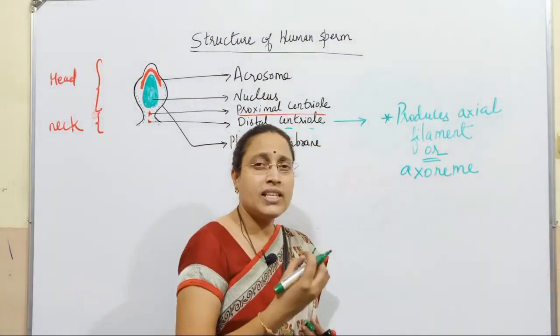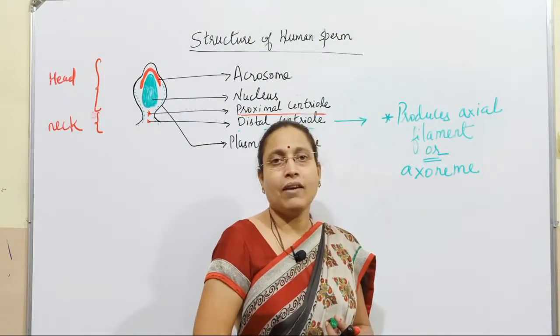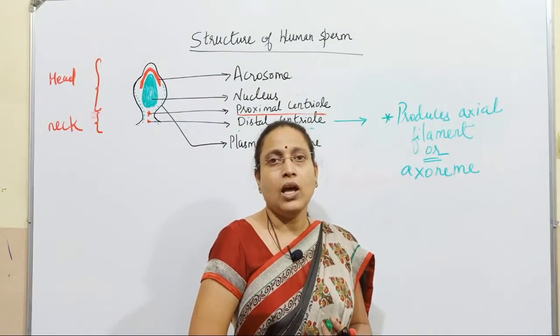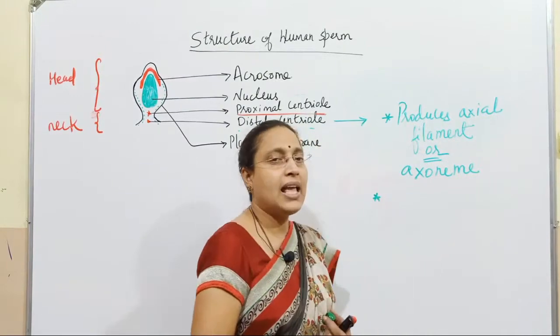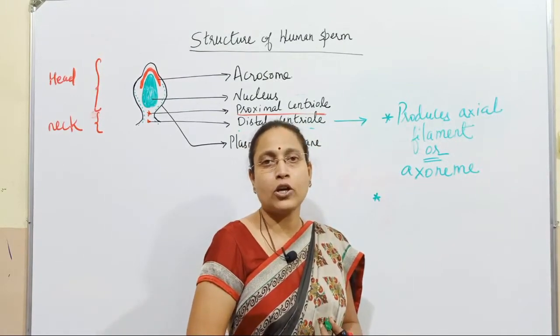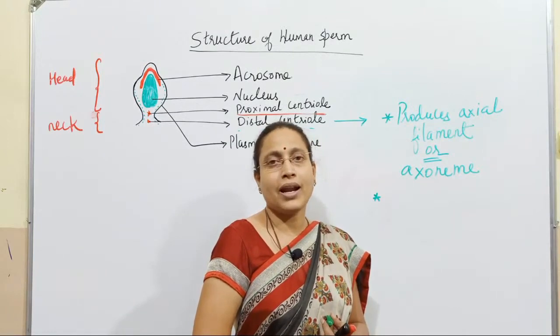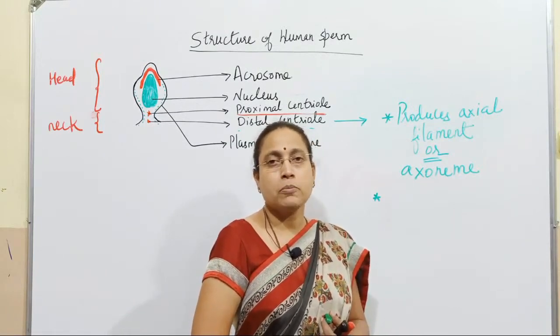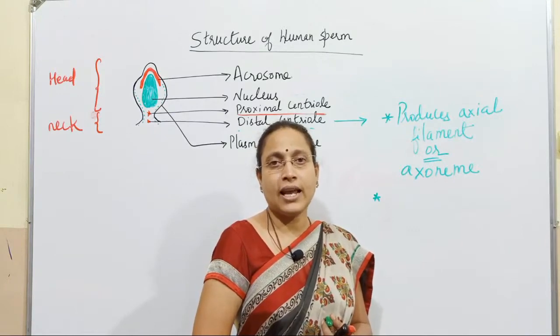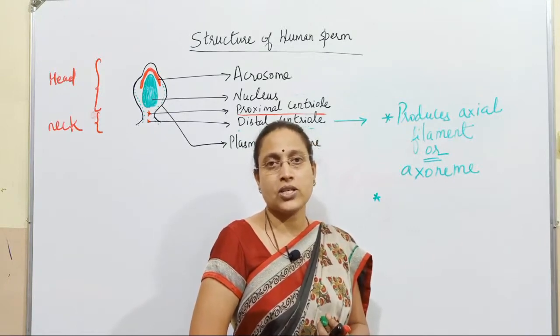And definitely the exact part from which the axial filament arises is the basal body. Why do we say this? We say that the axial filament consists of microtubules which are in a similar arrangement to that of a flagellum, and therefore sometimes the sperm is also called a uniflagellate microscopic structure.